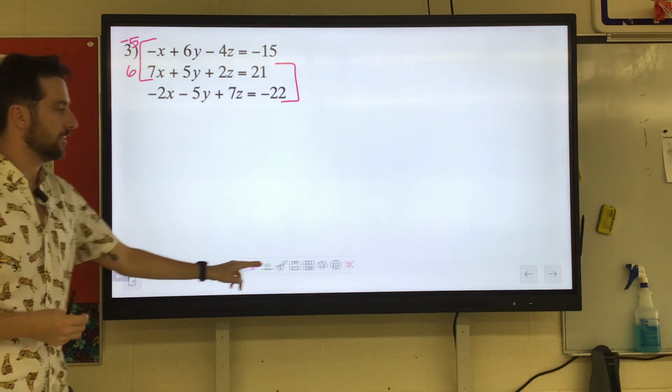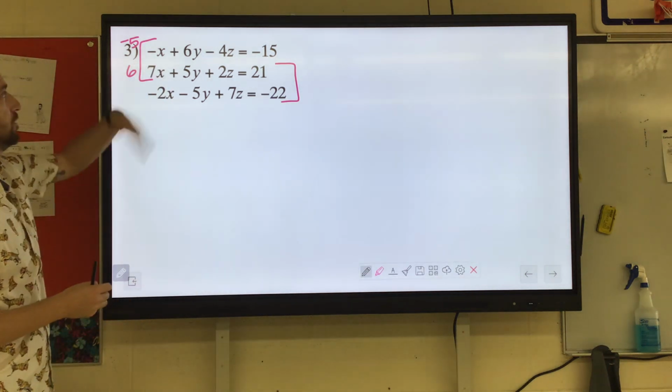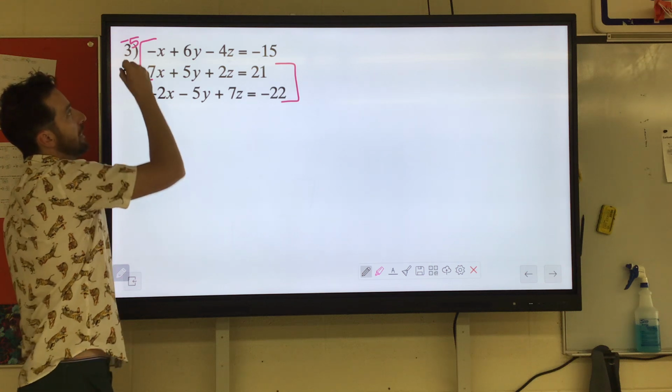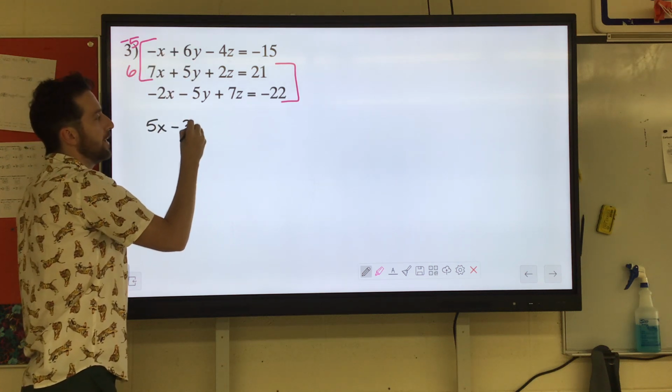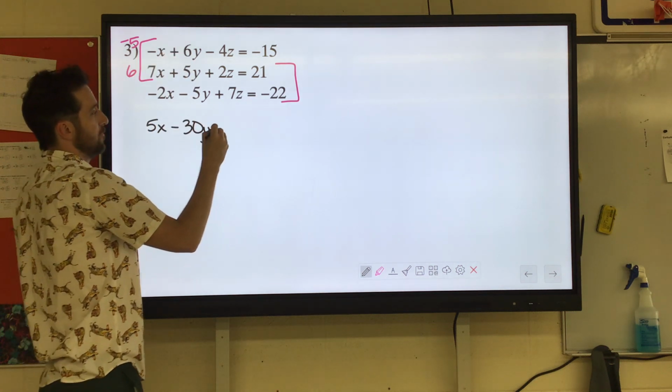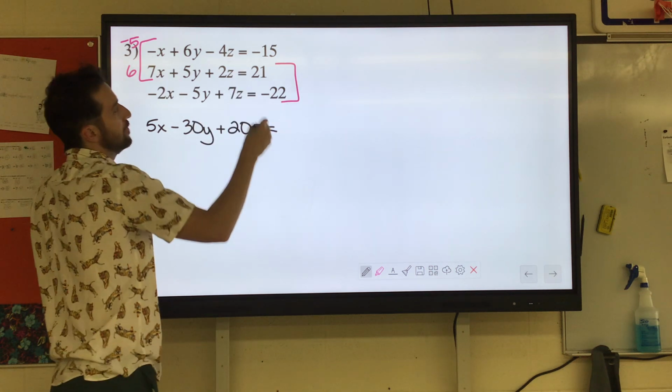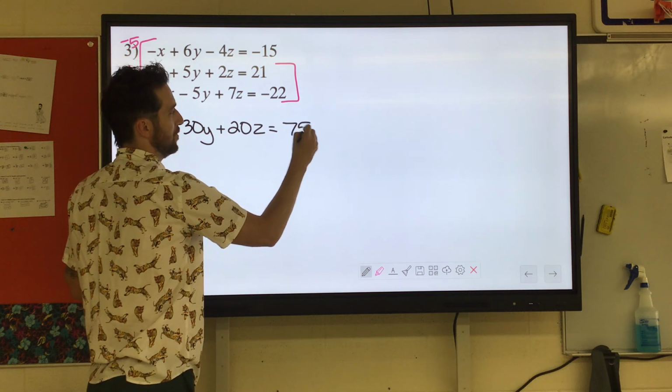So I'm going to start writing here. Top equation times negative 5 would give me positive 5x, negative 30y, positive 20z, and negative 5 times negative 15 is positive 75.